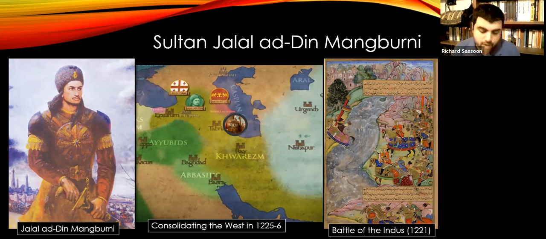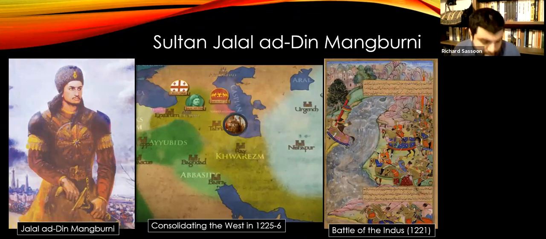He sent 2,000 riders after him, but they couldn't find him. And so Jalaluddin hid in India for a time. He tried to get the Sultan of Delhi, I think it was the Sultan of Delhi, but he tried to get the local Indian ruler on his side, but he was unable to convince him, and so he fled from there to the western part of Khwarezm, to the city of Rai.